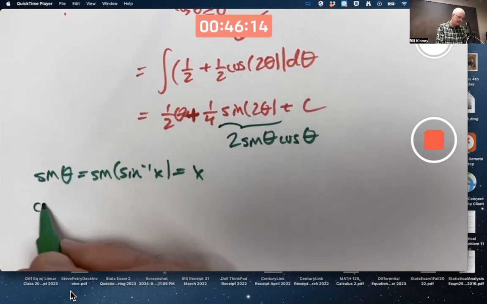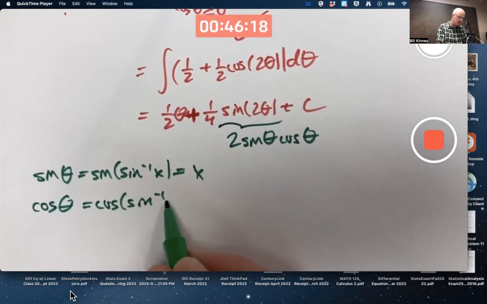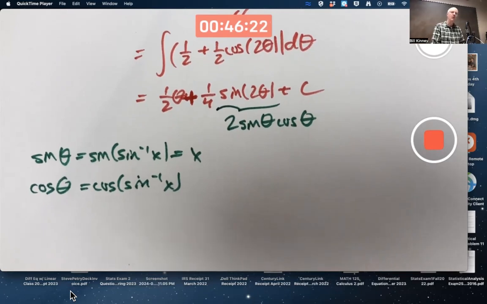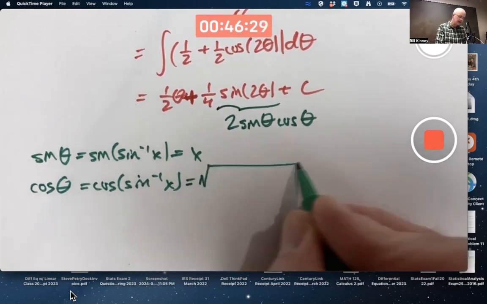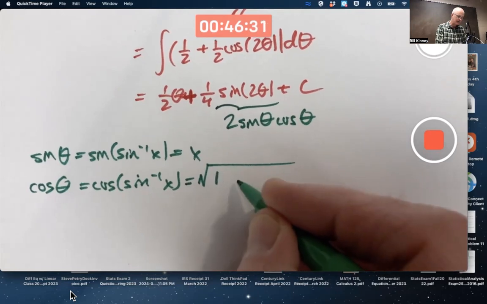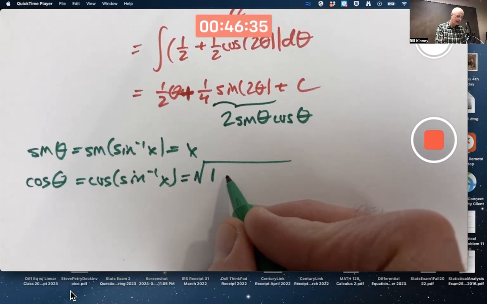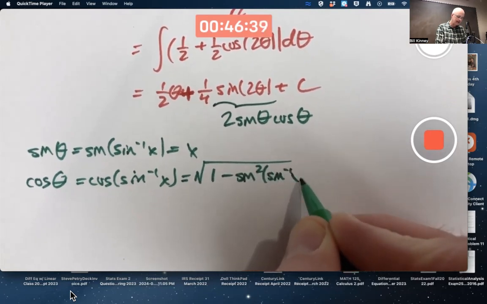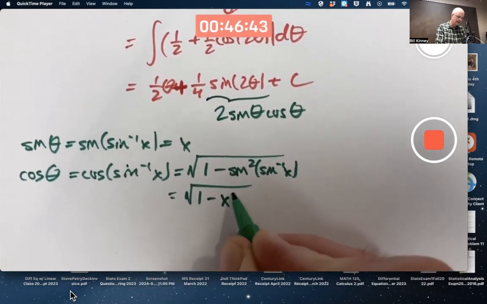Cos theta is cosine of inverse sine of x. You can either draw a right triangle, to help you figure out what this is, where one of the angles is labeled inverse sine of x, or you can use the Pythagorean identity, taking the positive square root. After all, we're assuming cosine theta is positive anyway. We would get this, and that simplifies to square root of 1 minus x squared.